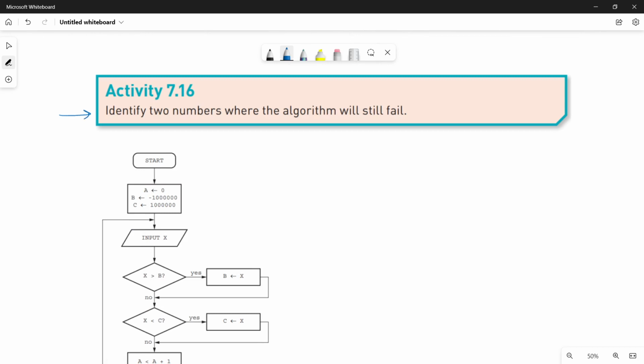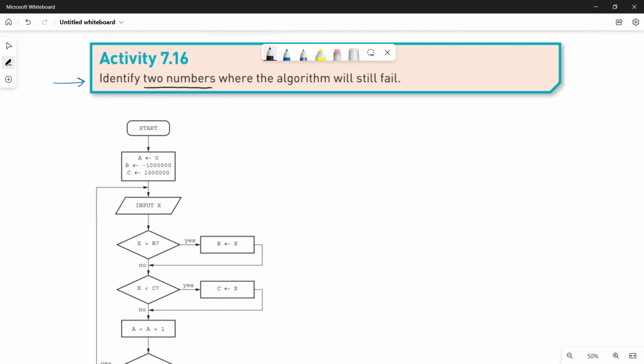In this activity, you have to identify two numbers where the algorithm will still fail. This is just as we did for the range of 0 and 100. We saw that if the highest value was less than 0, then you cannot identify the highest value. And if the smallest value is greater than 100, then you cannot identify the smallest value.